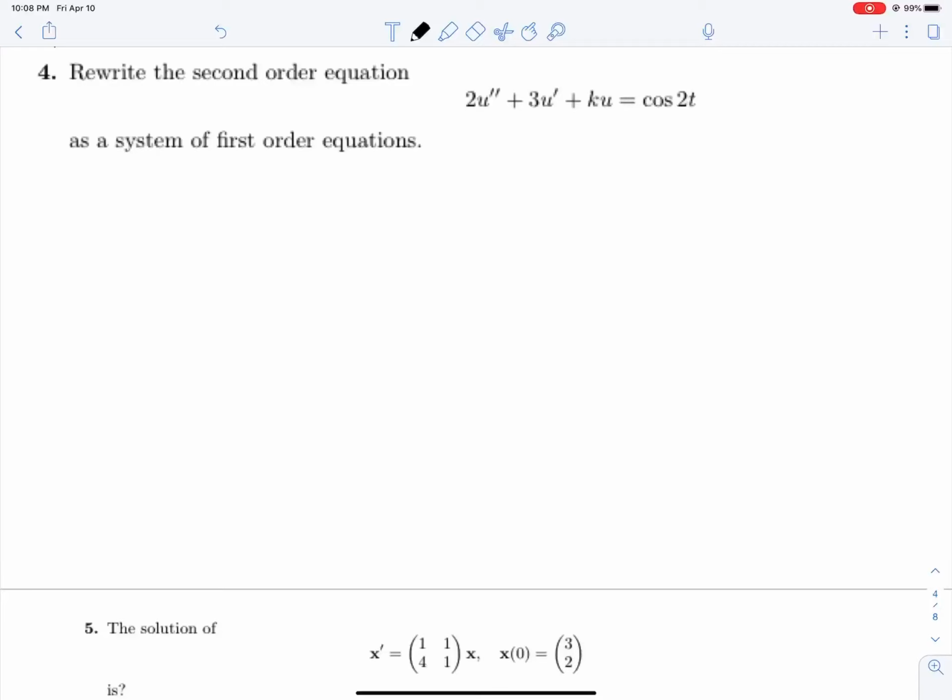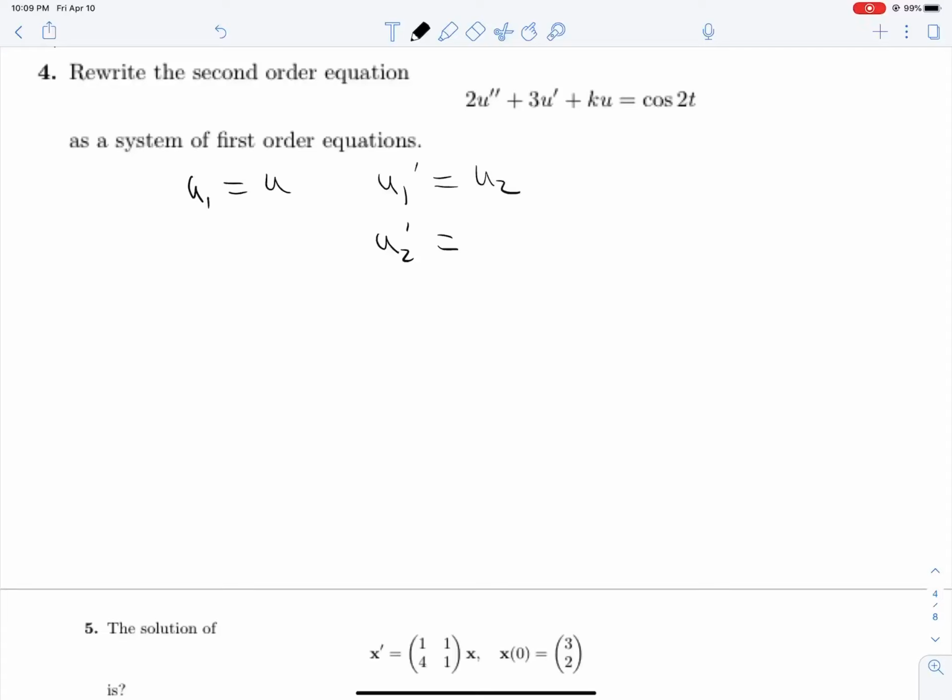Question 4, we are rewriting the second order differential equation as a system of first order equations. So we can say that u1 is equal to u, and as a result, u1 prime will be equal to u2, and u2 is the equivalent of u prime, where u2 prime is the equivalent of u double prime, and so this we can set equal to this equation solved for u double prime.